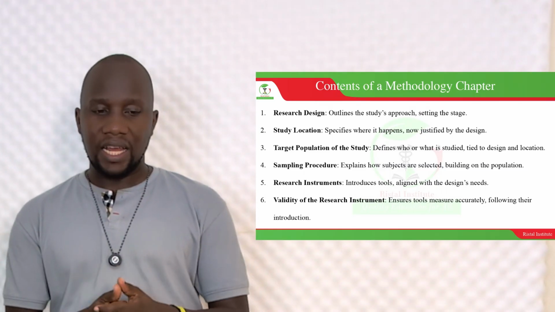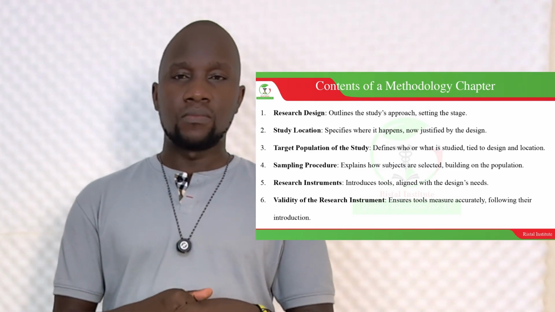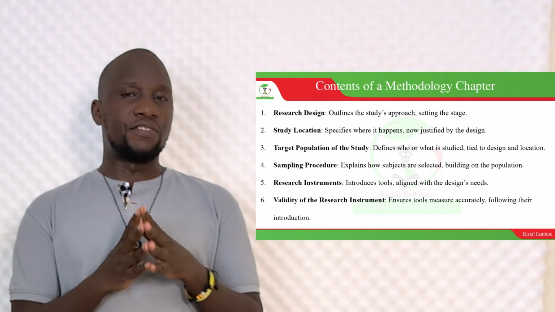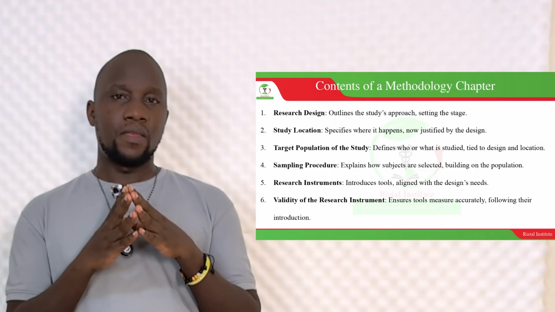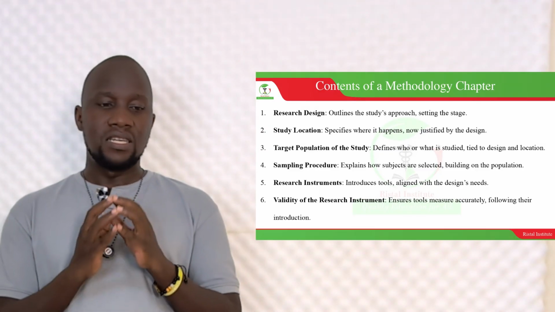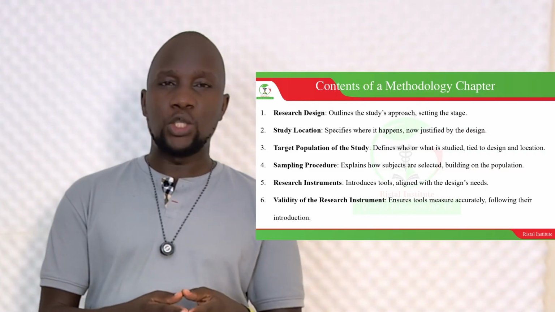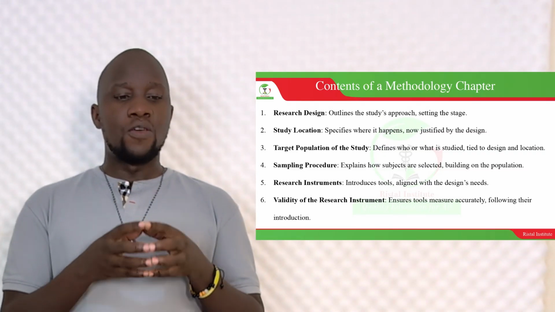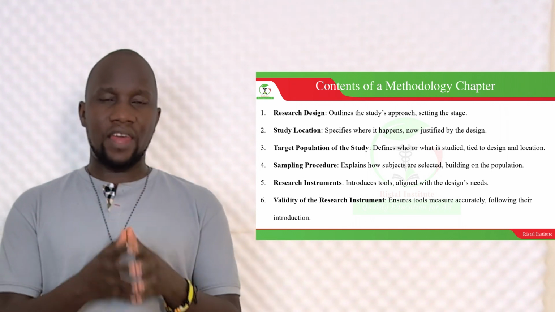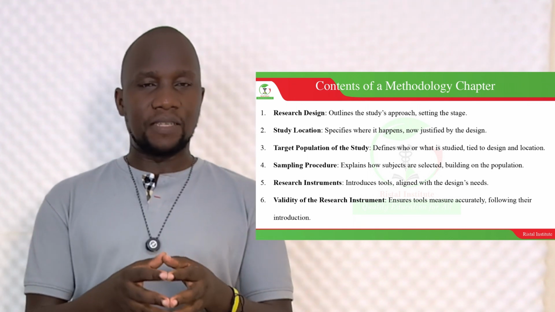Then you tell us about the location, and still, for everything there is justification. You justify why you are using a particular research design, and when you talk about location, you still need to justify. Usually, location is together with what we call setting.